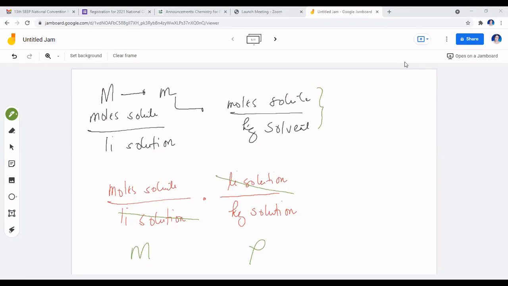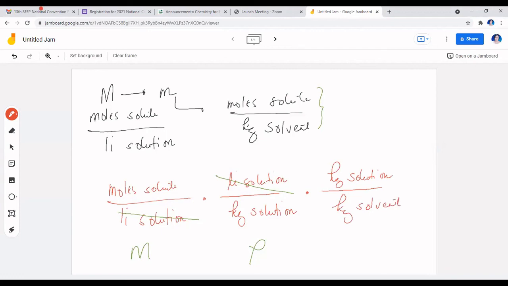What is that something? I will divide it by, remember, I want to get rid of kilogram of solution. So I'll place here kilogram of solution to kilogram of solvent.